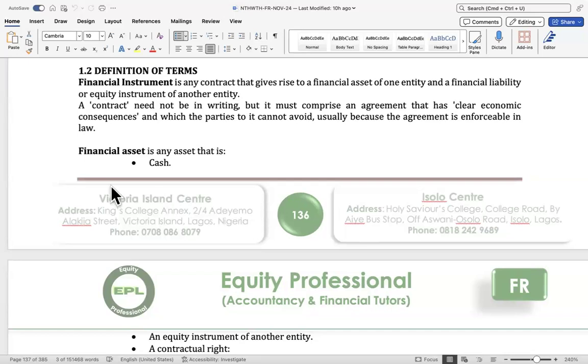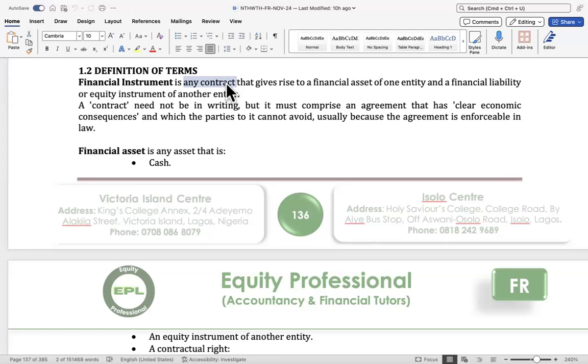Financial instrument, according to IAS 32, is defined as any contract that gives rise to a financial asset of one entity and a financial liability or equity instrument of another entity.